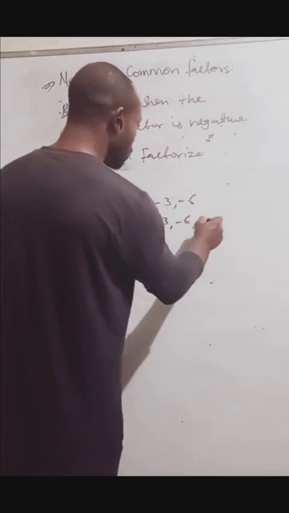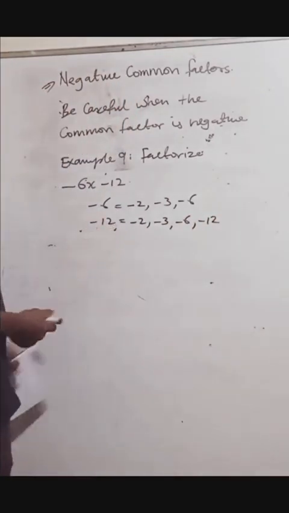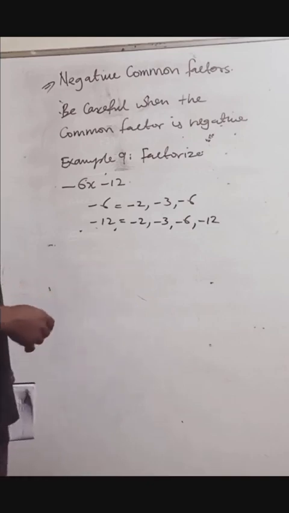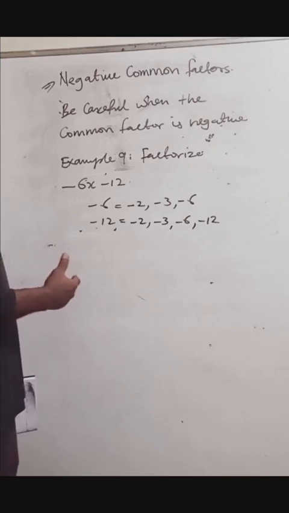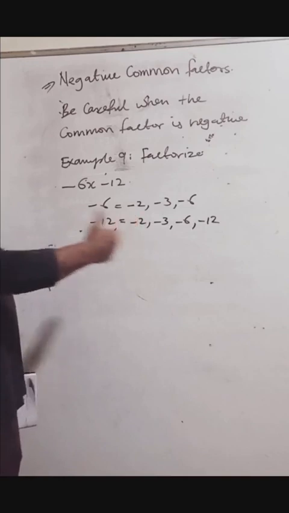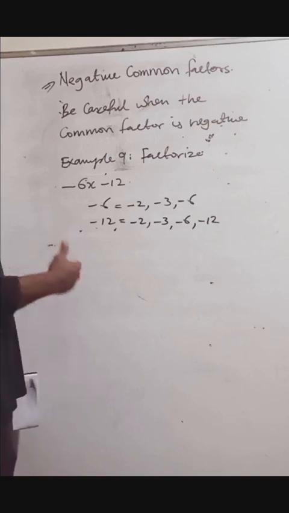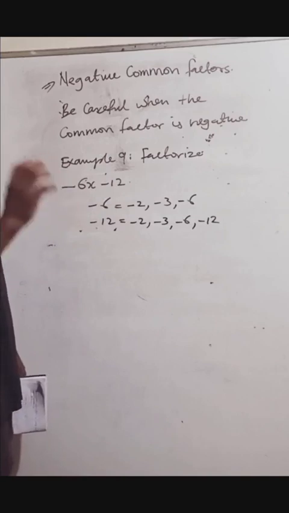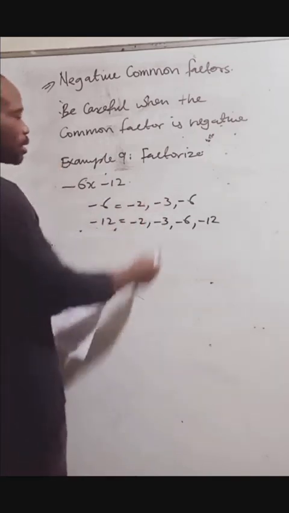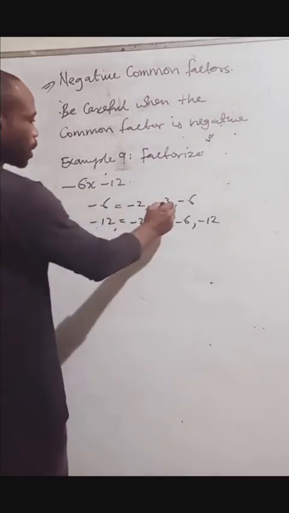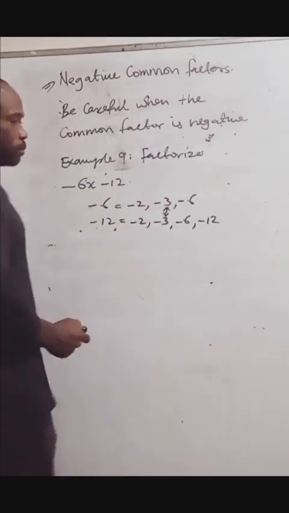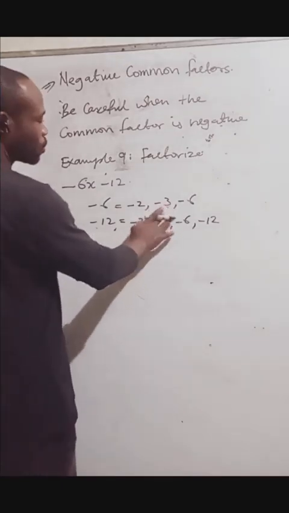And then minus 12 can also divide minus 12 without remainder. So after writing out the factors of the numbers, you now compare the factors and then find the highest common factor. So in this scenario, the highest common factor is minus 3. Sorry, the highest common factor is minus 6.